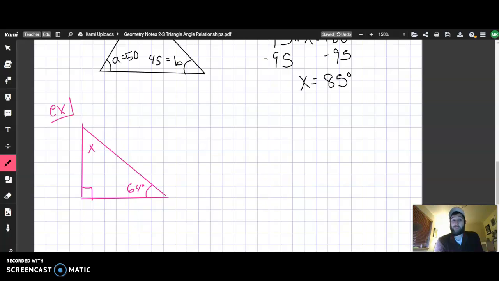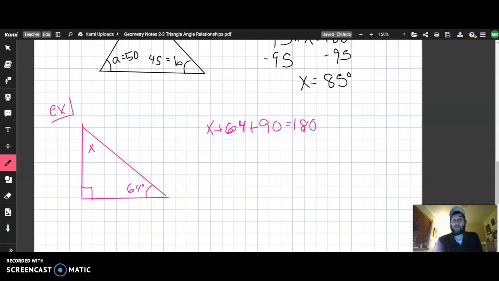By the triangle sum theorem, we know that all three angle measures add up to 180. So X plus 64 plus the 90.